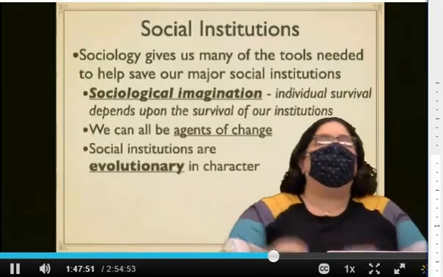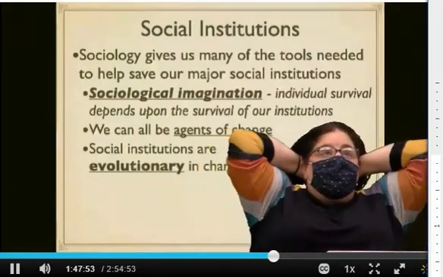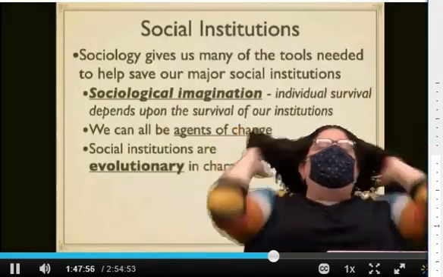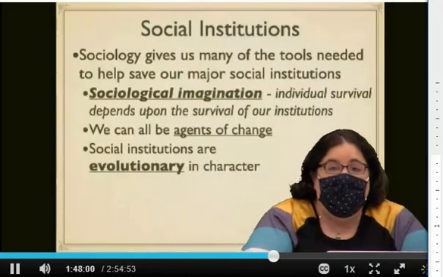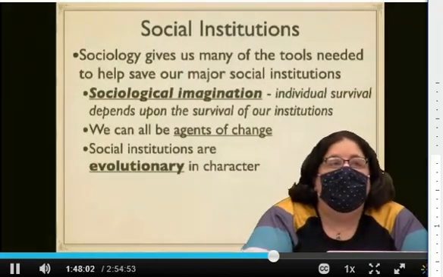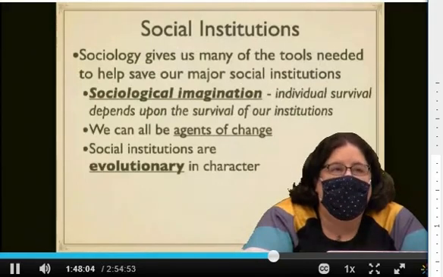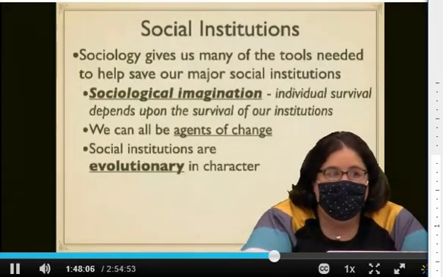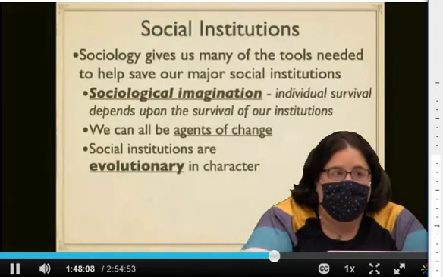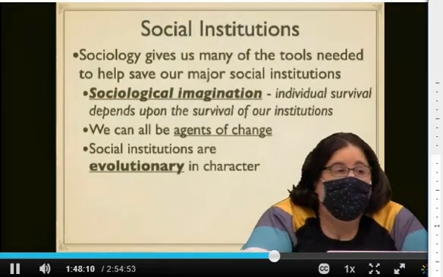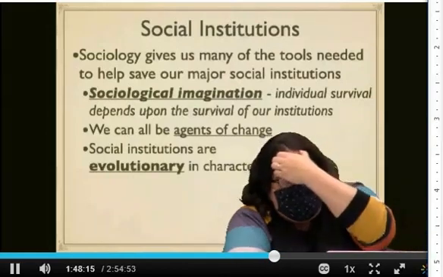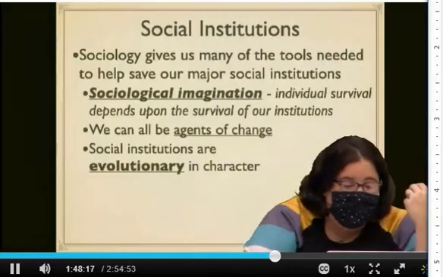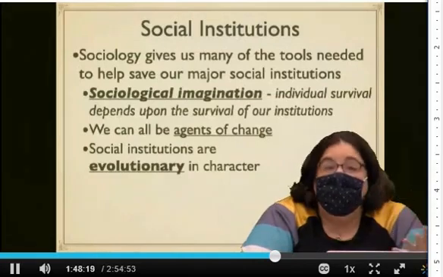It's also important to remember social institutions are evolutionary in nature. They evolve over time, and they're supposed to. The form of government we had in 1789 is not identical to the one we have in 2021. It's based on the same Constitution, although there have been several amendments since 1789, but it's evolved.